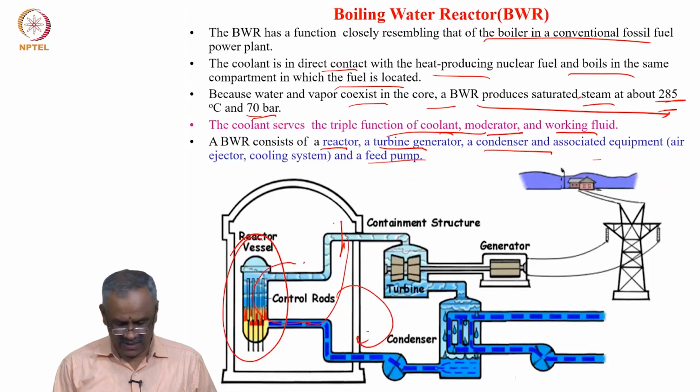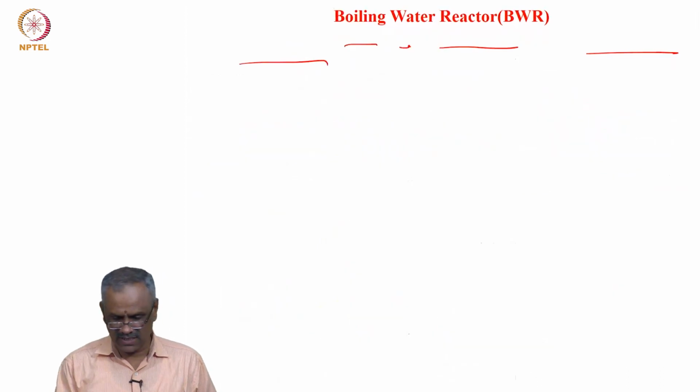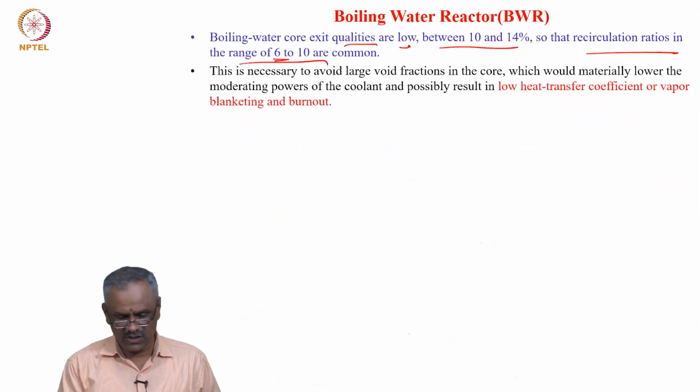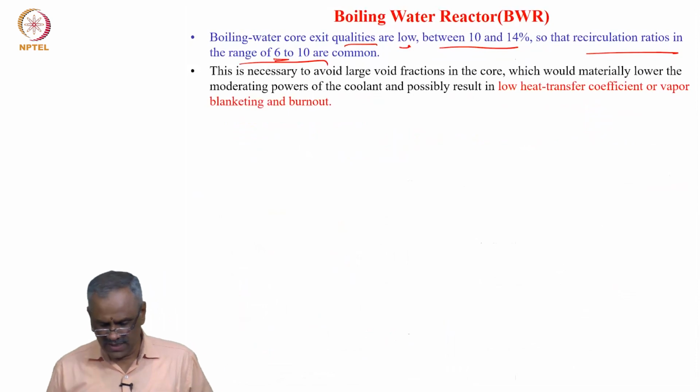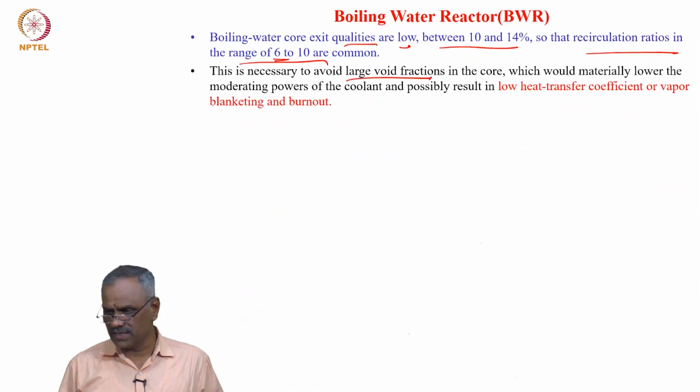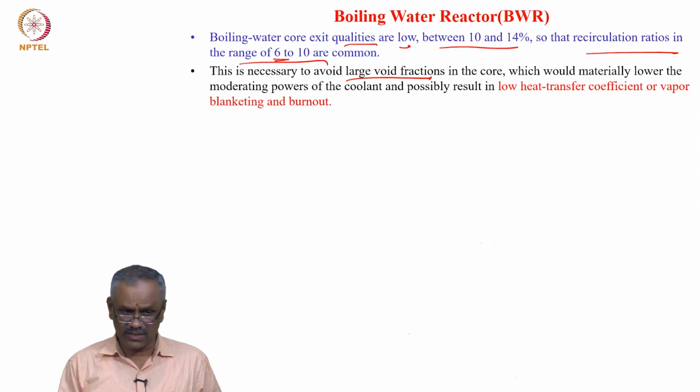Because if the exhaust steam quality is not very high, you bring it back and recirculate, so you have to circulate 2 to 3 times. It says 6 to 10 times it is recirculated here. So it is necessary to avoid large void fractions. Void fractions means that this is saturated steam, which contains both vapor and liquid.